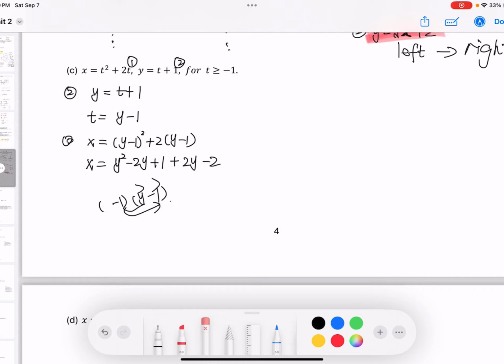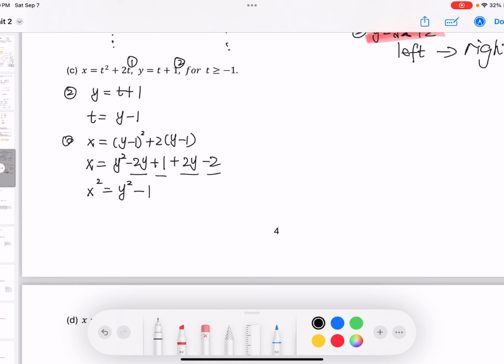And then combine like terms. Plus 2y minus 2y is 0. Plus 1 minus 2 is minus 1. X is equal to y squared minus 1. What is this?